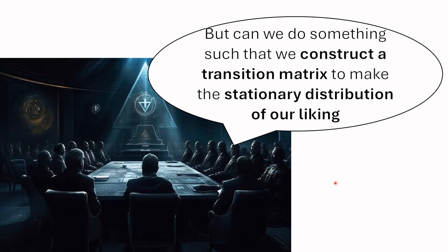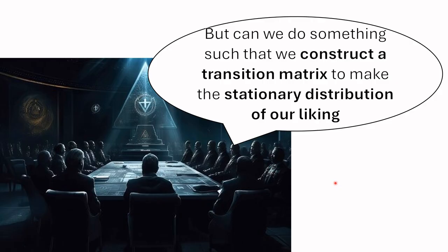But they ask, okay, can we do the opposite? Can we construct a transition matrix to make a stationary distribution of our liking? Or put in another way, can we seed coins in each country such that after a long time, we as the Illuminati get the distribution of people we want in each country?